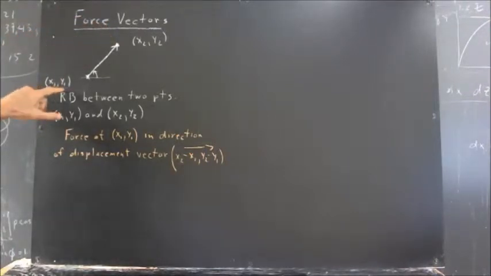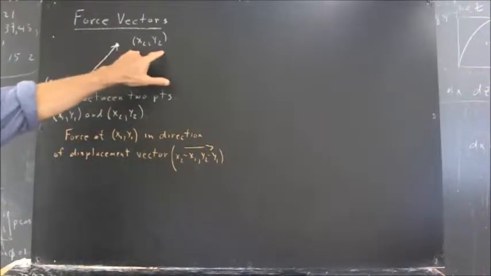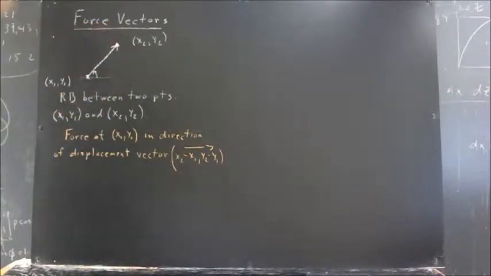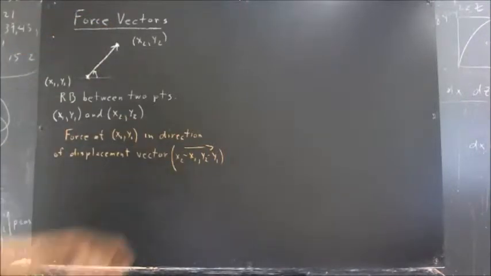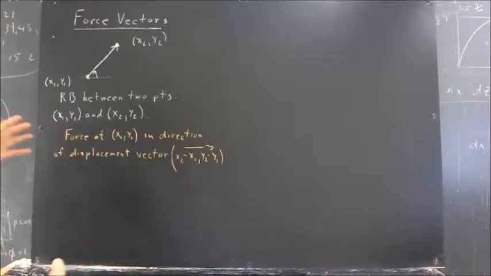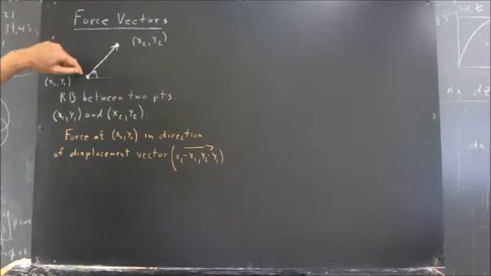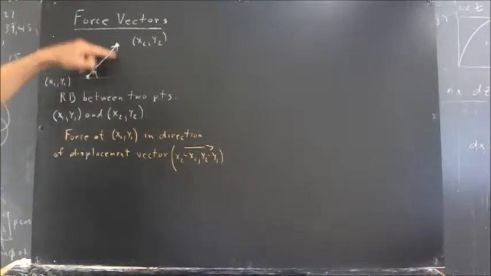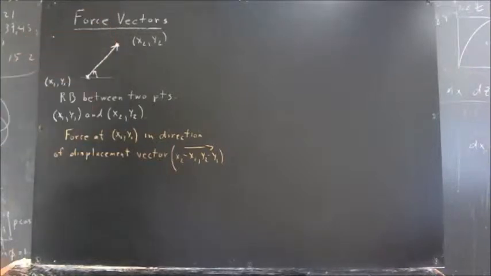Let's let this point be x1, y1, this point x2, y2. We can slap down a coordinate system, and it doesn't matter where the origin is. We can get the coordinates of this point, the coordinates of this point. The components of our displacement vector aren't going to depend on where we put the origin of our coordinate system. It's just going to depend on how far we have to go in this direction, how far we have to go in this direction to accomplish this displacement.